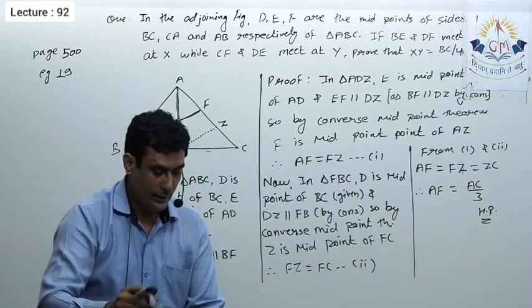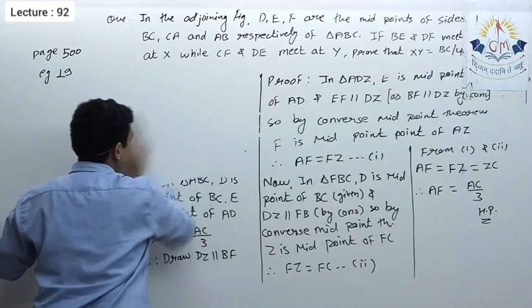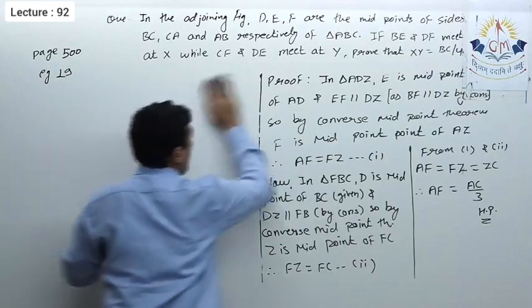Okay, so here again ABC is a triangle and midpoints of all three sides are given.